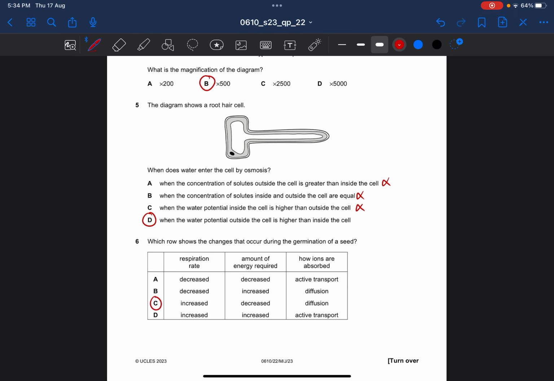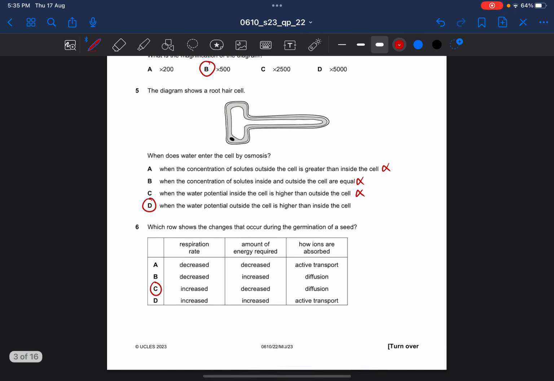Because when the respiration rate is increased, the amount of energy required by the plant is lesser, because the respiration has already released sufficient energy. And ions are absorbed during germination through diffusion. Because it's a seed, they do not have any root hair cells at that moment, so they cannot actively transport, they have to diffuse in. That's how the answer is C.